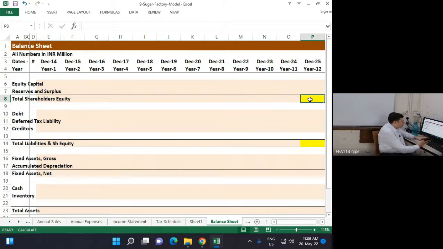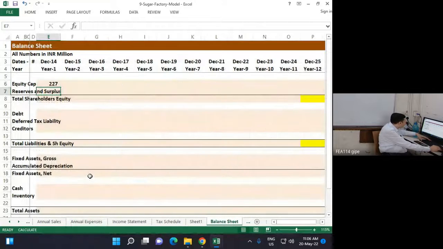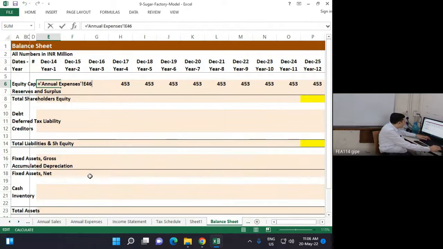No, something is wrong. All numbers have to be cumulative. So we will also do it here on screen. Correct. Starting with equity capital, we will take the number from the annual expenses page. Is it total shareholders equity you are saying? The total of reserve and surplus.